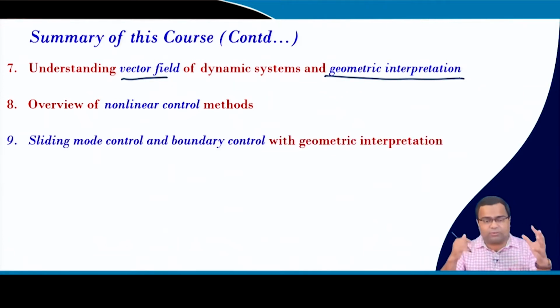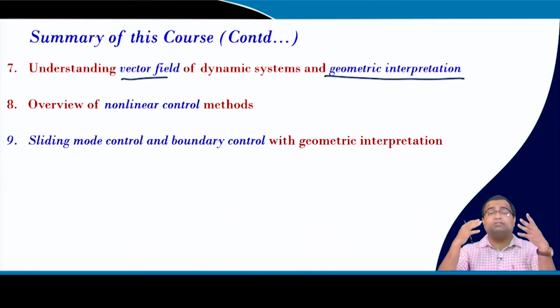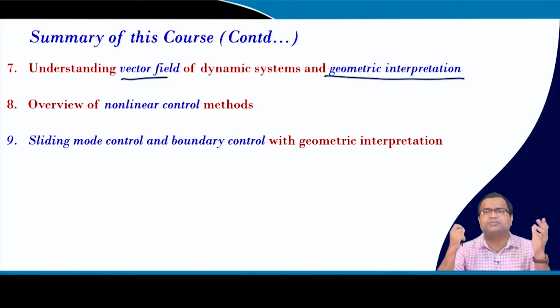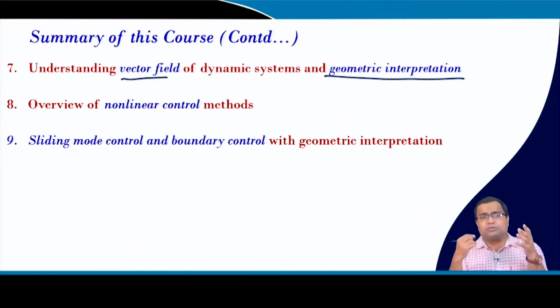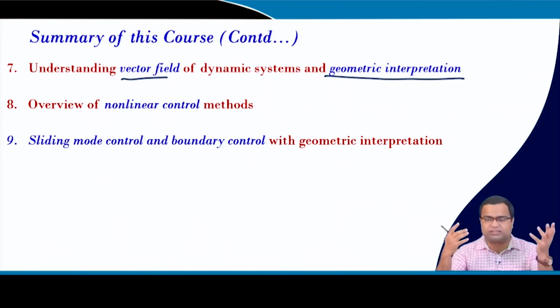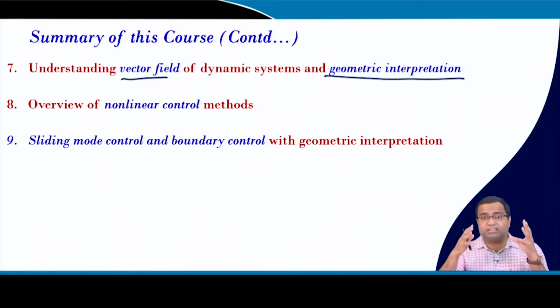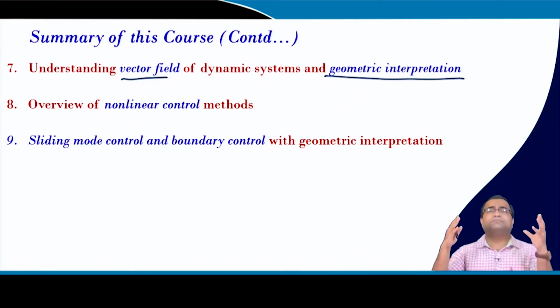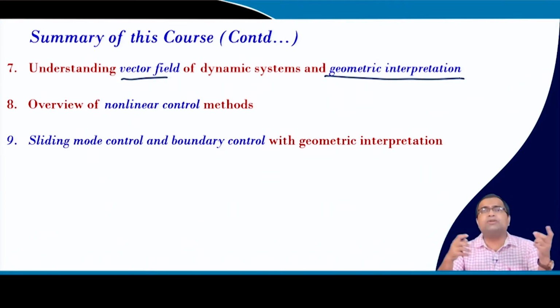Then I also talked in detail about sliding mode control and boundary control and their geometric interpretation. We have also simulated in MATLAB first order sliding mode control with a first order switching surface. We also talked about geometric control with the second order switching surface, and its geometric interpretation: how the switching surface looks, and why we need to go for a higher order switching surface.